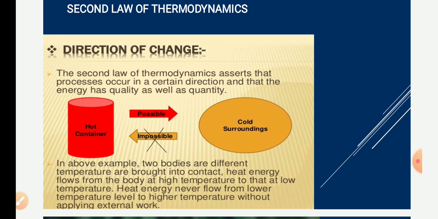The transformation of energy takes a direction: heat energy transfers from a hot reservoir to a cold reservoir, not from a cold reservoir to a hot reservoir, because to transfer heat energy from a cold reservoir to a hot reservoir, it will happen by applying external work only. That is in our Clausius statement.